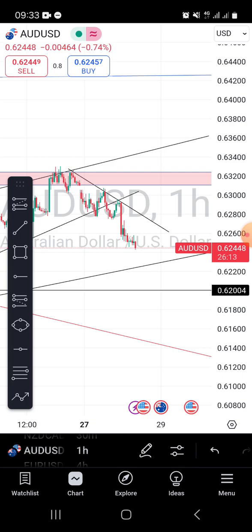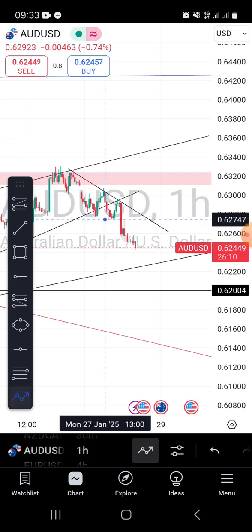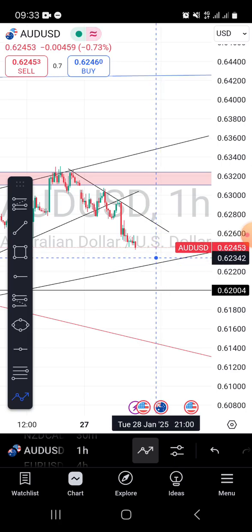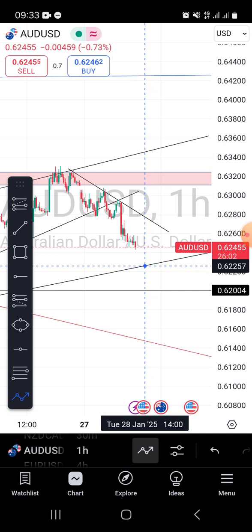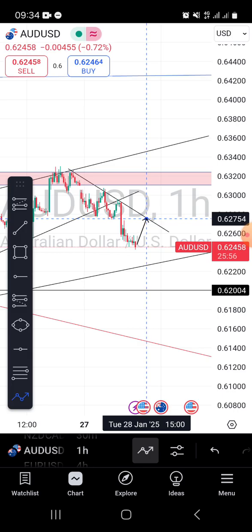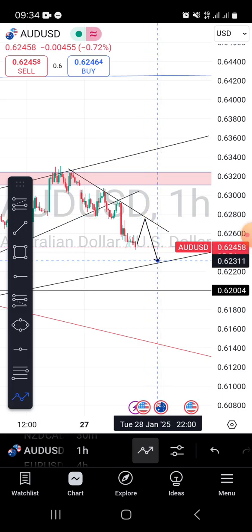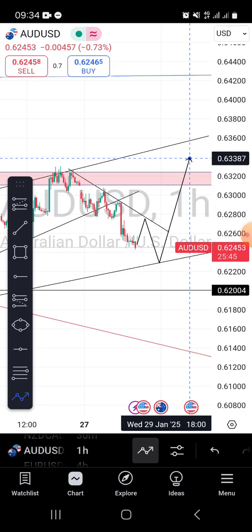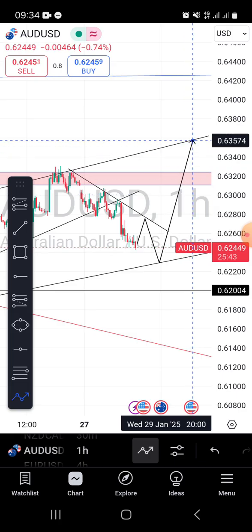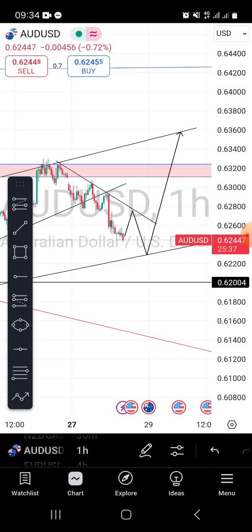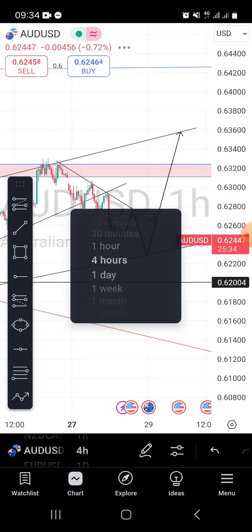However, if markets do not touch this uptrend line, forgive me, if markets do not touch this uptrend line and move up, we can have something like this from here to touch this, then continue selling till it touches this main uptrend line, where we can look forward to taking the third entry on AUD USD.